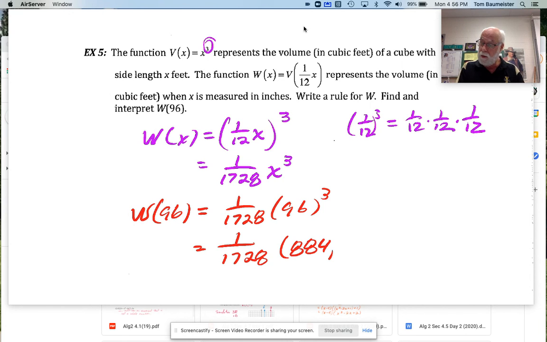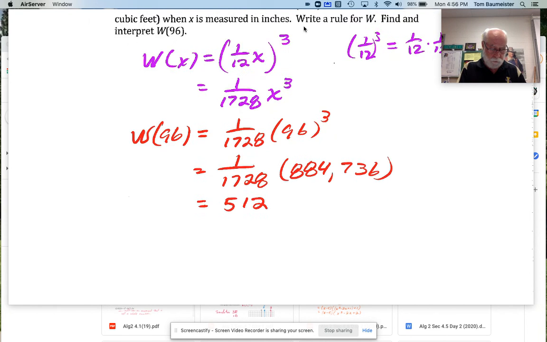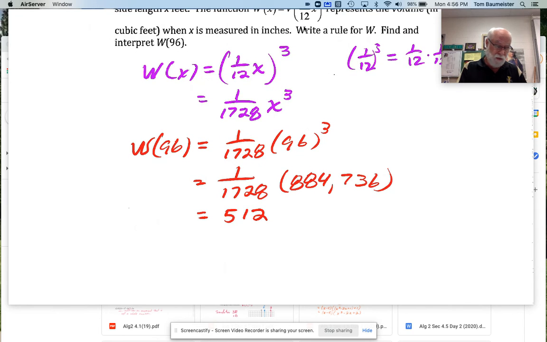So 96 cubed is 884,736. Now we're going to take that 884,736 and divide it by 1,728. If you plug that in your calculator, you get 512. So we found w of 96.